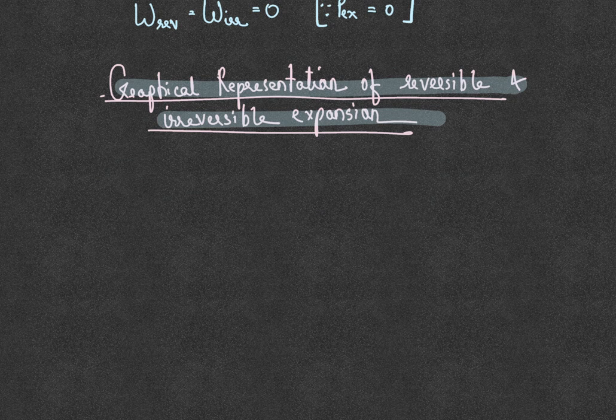Reversible and irreversible expansion. Now, you have to understand one thing: when we are doing expansion, let me give you some basic idea about what we're doing now. This is, let's say, our cylinder. Okay, and then we have a piston here.